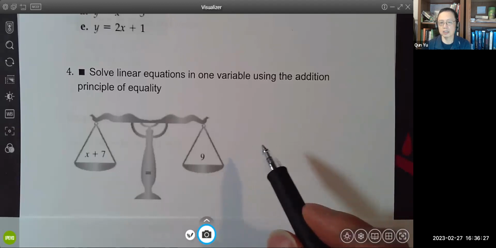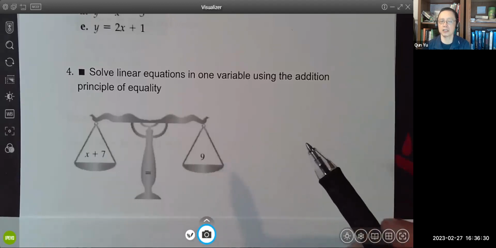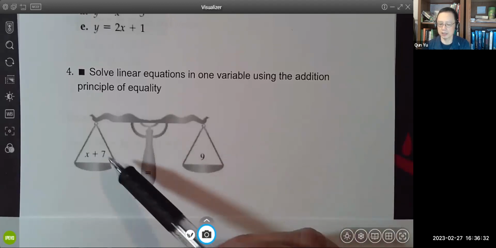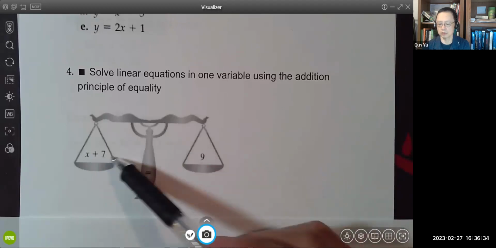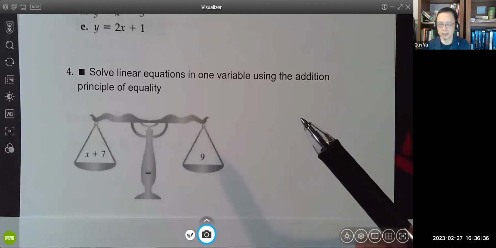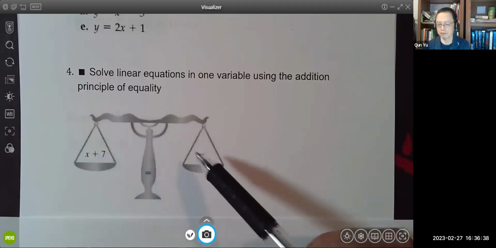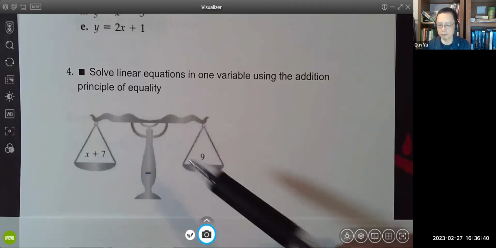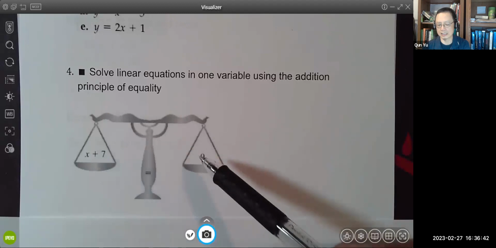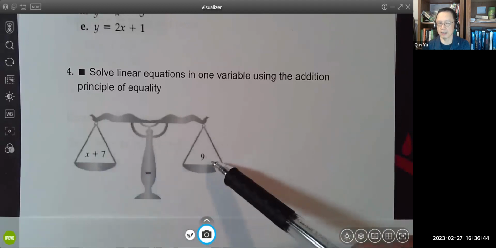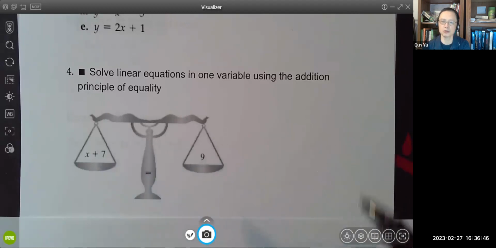Now, an equation is pretty much like a balance. So a balance, if you have equal weight on both sides, it's going to be balanced, right? But it doesn't have to be weight. I mean, a balance measures weight, but in a broader sense, as long as both sides have the same number, it will be equal, right?